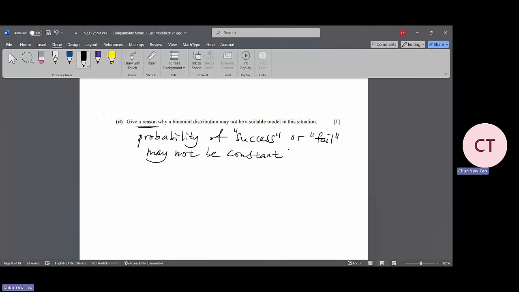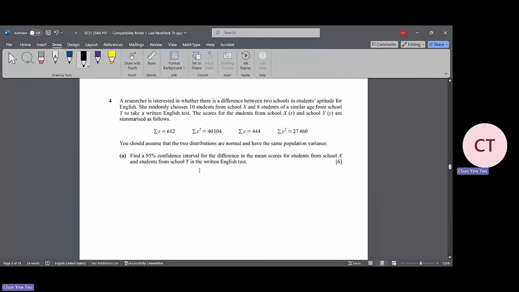If p or q is not constant, then it won't be a binomial distribution anymore. So this is the suggested answer for question 3D. Now we move on to question number 4.